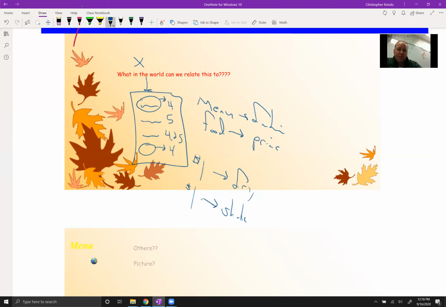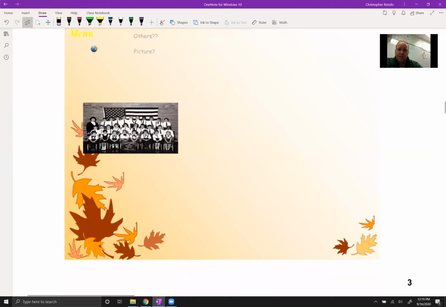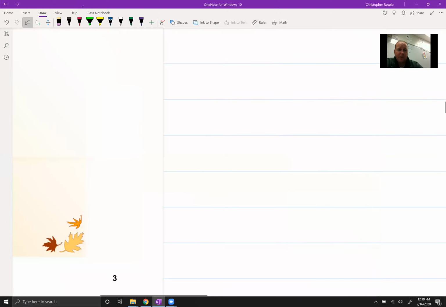So if we look at it from the price and go over to the food, we could accidentally make this into a relation only. They're related, but it wouldn't be a function because that dollar can go to multiple places. All right, so we're going to try and keep that in mind. Although this seems like just a classroom type of thing, we have a little bit of stuff going on.